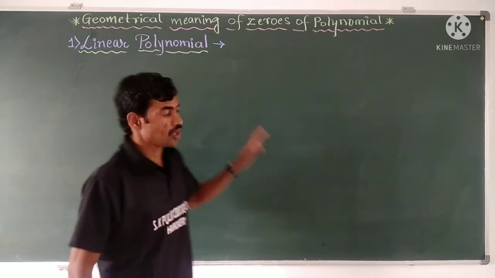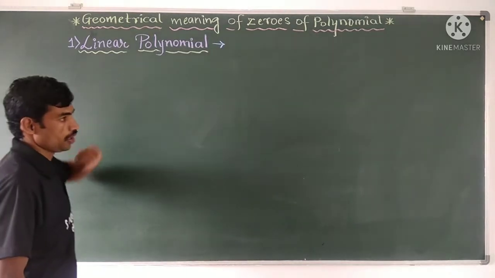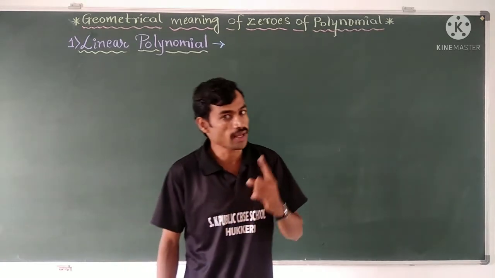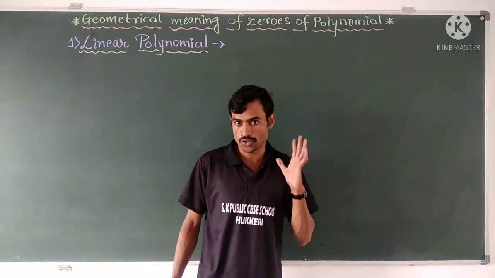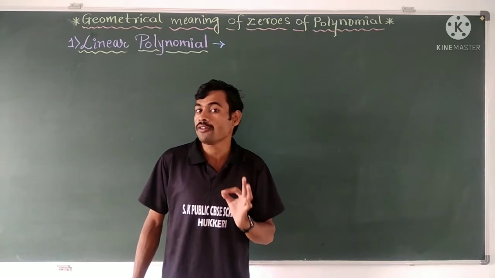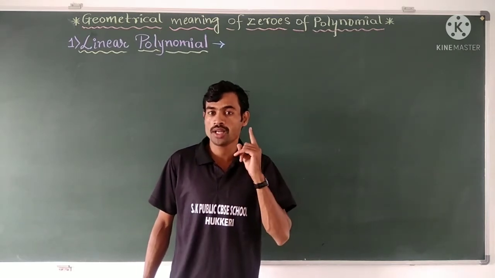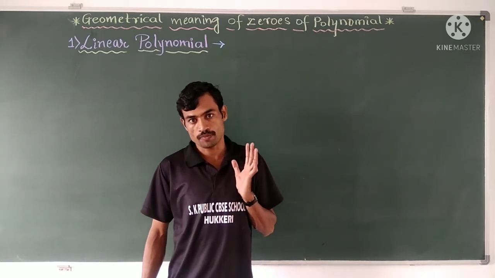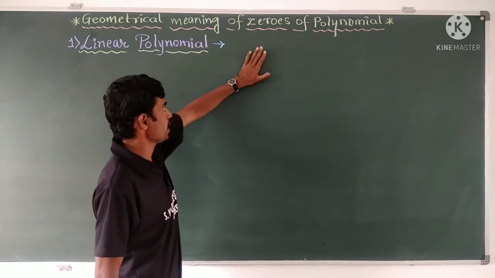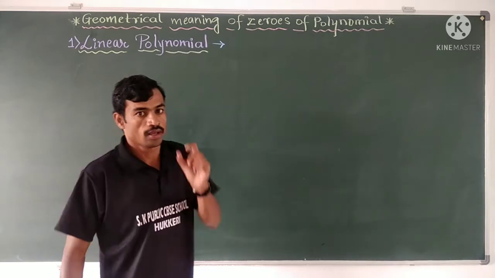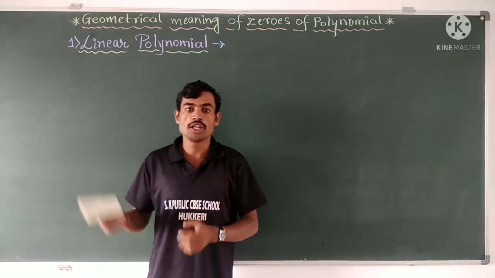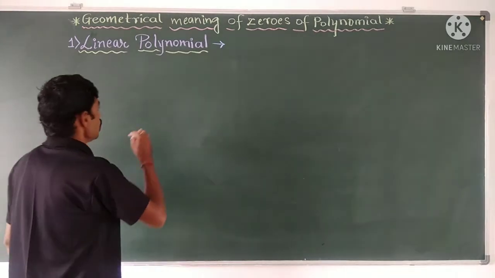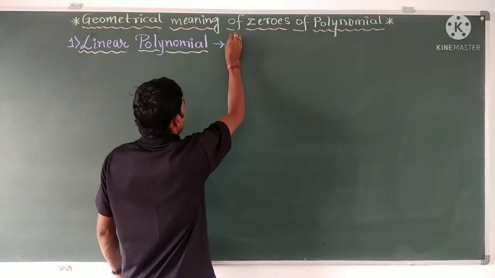First, a linear polynomial. As we have discussed, a linear polynomial has at most one zero, and the graph of a linear polynomial in variable x is always a straight line. Clear? So we have to give one proper point for a linear polynomial. Just look at the board.